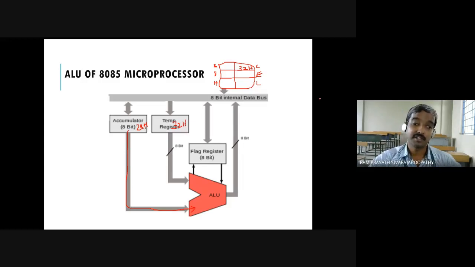Okay, when I am executing the instruction add C, automatically நமக்கு என்ன ஆகுது? C register ல உள்ள data எனக்கு எங்க காப்பி ஆயிடுது? It will get copied to the temp register. Fine. So one data from accumulator and another data from the temporary register, it is getting into the ALU. So இங்க உள்ள ALU ல we will be having an 8-bit binary adder circuit. So அதனுடைய result sum எங்க போகுது பாருங்க.